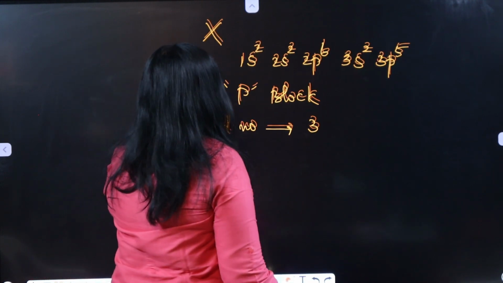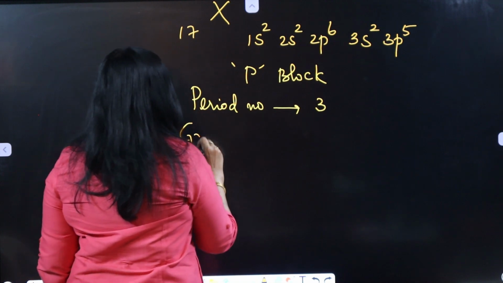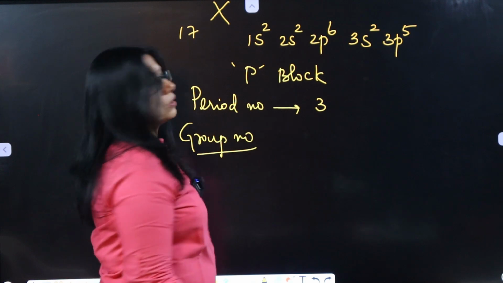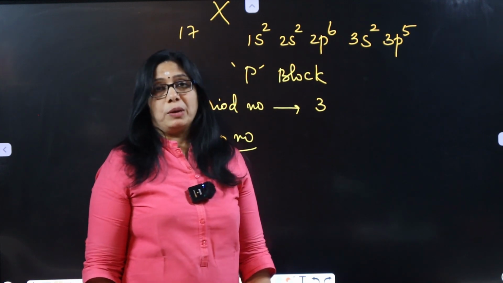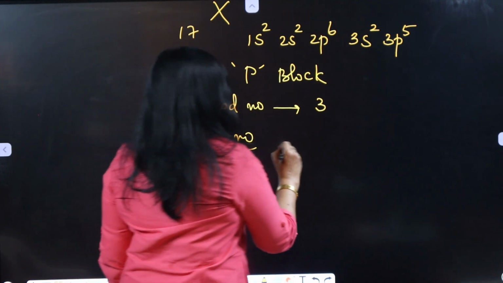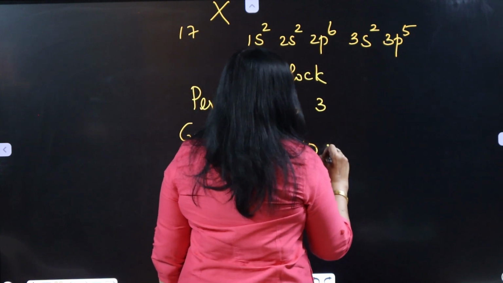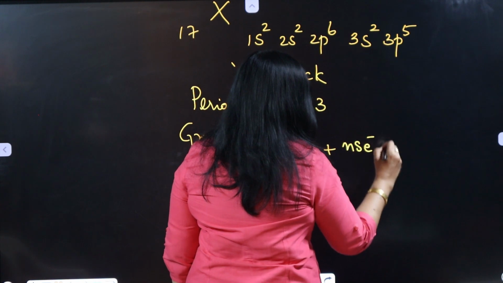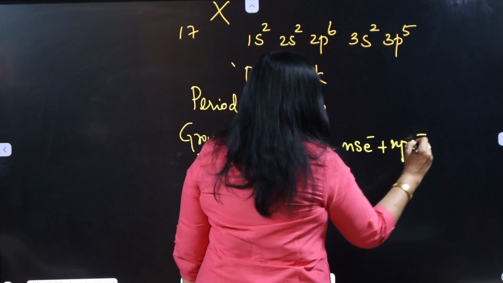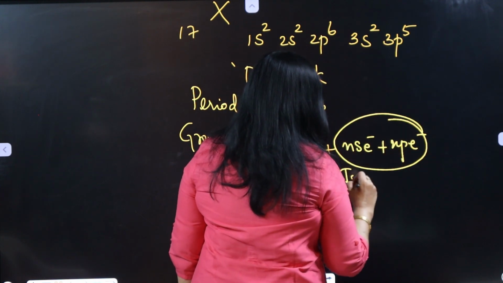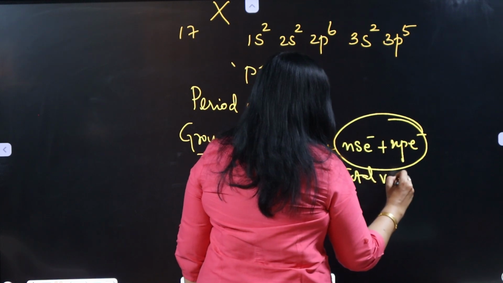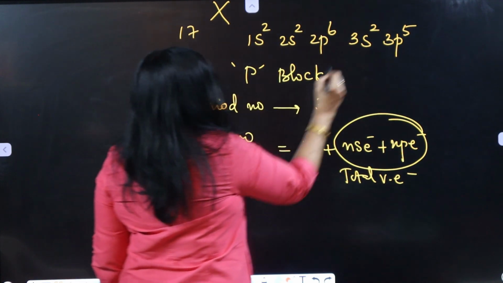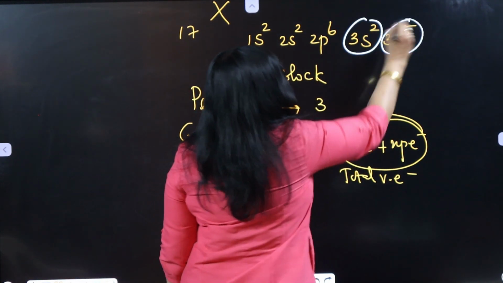Now, let us find out what is the group number. The rule for P block: group number is equal to 10 plus total valence electrons, that is ns electrons plus np electrons, which represent the total number of valence electrons. Here, how many total valence electrons are there? 2 plus 5, 7.